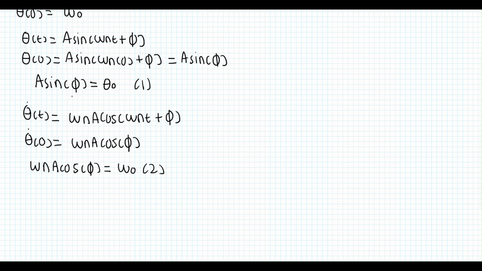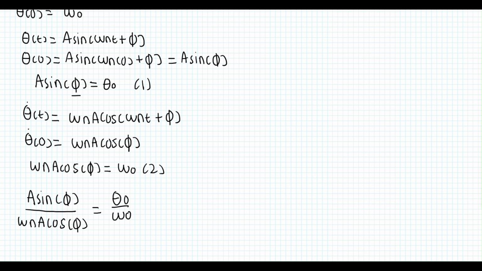And the first thing we're going to do is solve for phi. That's probably the most difficult thing to solve for in this derivation. So to do that, we're going to divide equation 1 by equation 2. And that leaves us with a sine phi over omega n a cosine of phi is equal to theta naught over omega naught.